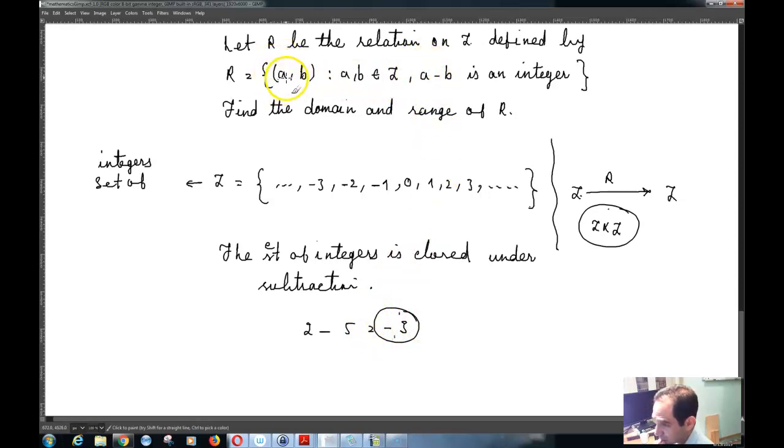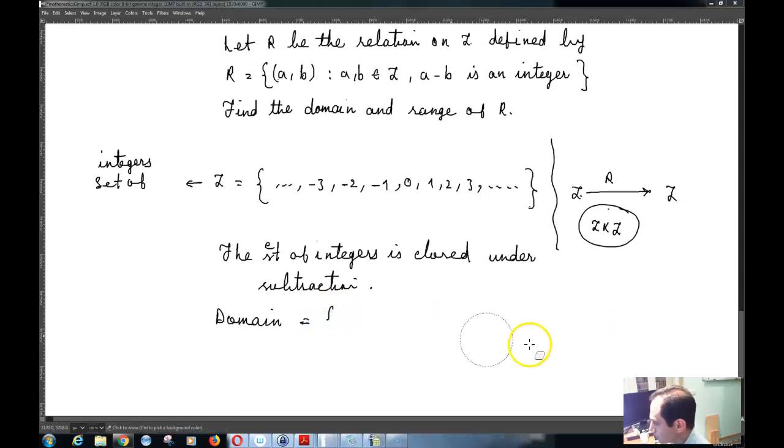That means that your domain can be any integer, your range can be any integer, and so what that means is that the domain of R is going to be Z, the set of integers, and your range is going to be Z, the set of integers.